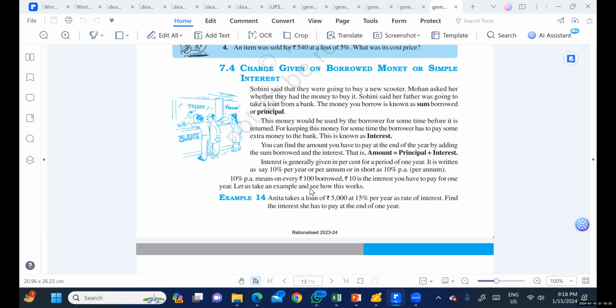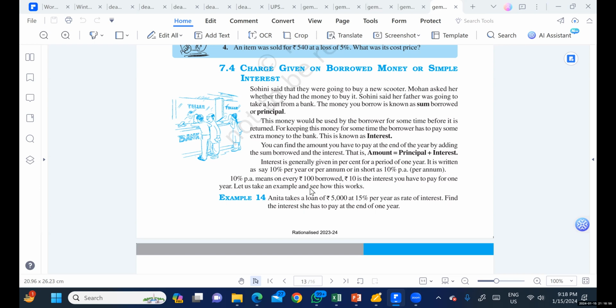Where's your time? The formula is P into R into T, over 100, right? Yes, sir. But you have not shown the T, the 1. You have said 5,000 into 15 over 100. Where's into 1? You have to show that 1, right? What happens if it's 3 years? What happens if it's 2 years? Will you not mention it?